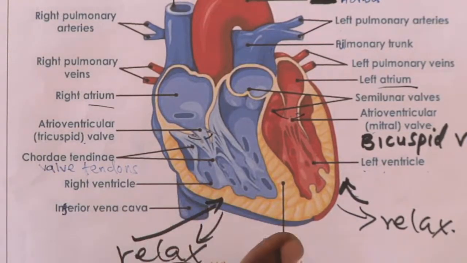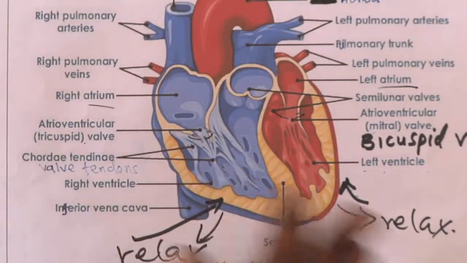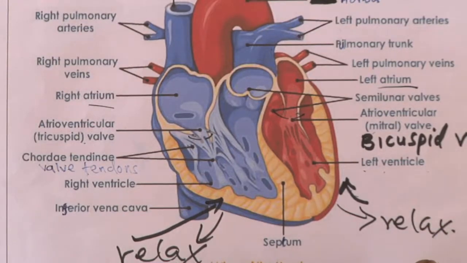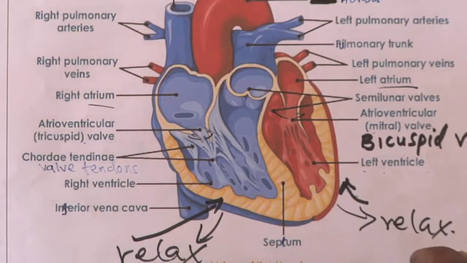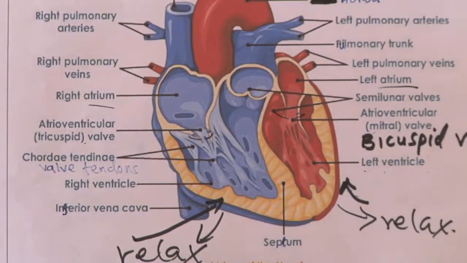What makes the blood flow in a forward direction in the arteries is the pulsating action. The pulse rate makes blood flow forward, because in the pulsating action there is always a continuous contraction and relaxation along the arteries.